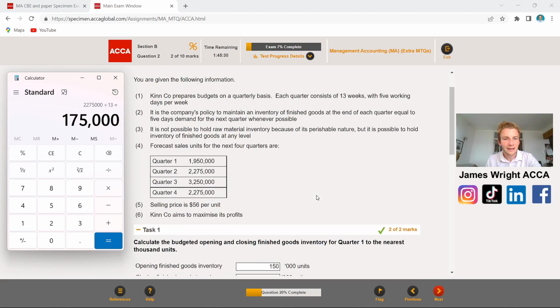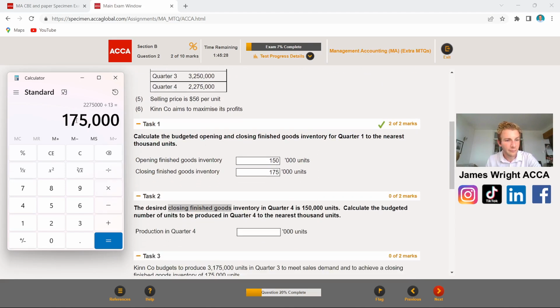So we're going to take the 2,275, remember the 175,000. I mean, I would write it down, but we've got to do it on the computer like this. So let's do it. So for quarter 4, 2275 on there, 1, 2, 3 on there.